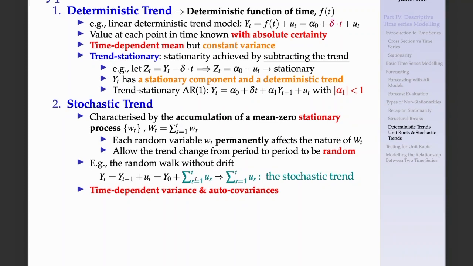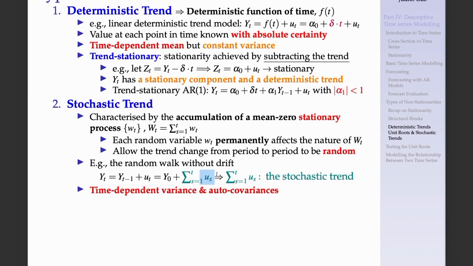It's this sum of shock terms that is the stochastic trend here. Remember, the shocks, the u's, are stationary white noise. The white noise process is mean zero, so the lowercase u's are a mean zero stationary process. Therefore, the accumulation of a mean zero stationary process is the stochastic trend.